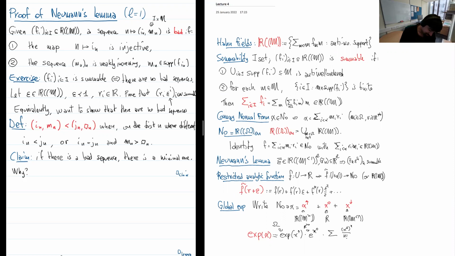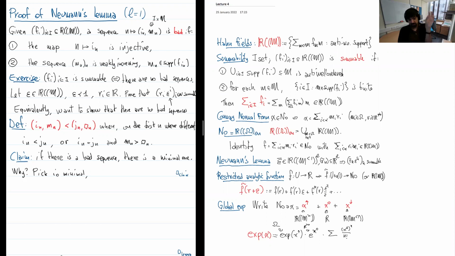So we can just pick i naught minimal. And now you say, among all the bad sequences having i naught as the first component of the first element of the sequence, you choose the ones where the monomial m naught is maximal. Why can I do that?